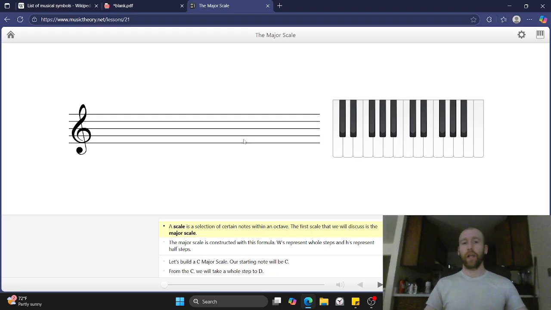So really, you could sit down at a piano and just hit the notes that fall within this formula for any given note that you pick, and it'll just sound good. You don't have to even give it that much thought. It just works. So I seriously recommend checking out the major scale on musictheory.net.